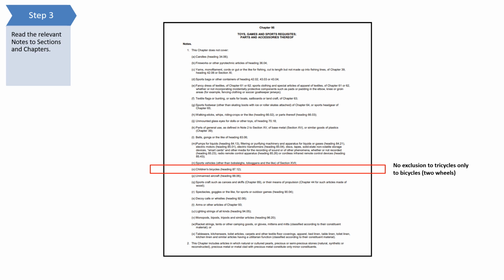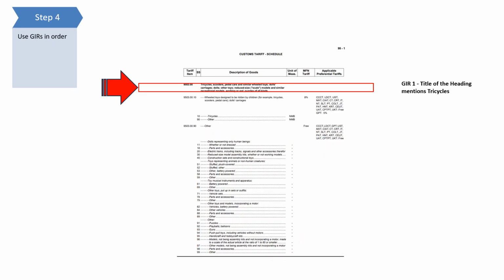So knowing this, I am coming to the conclusion that chapter 95 is the chapter that I should be looking for. Because like I mentioned before, chapter 87 did say that other cycles will be under chapter 95.